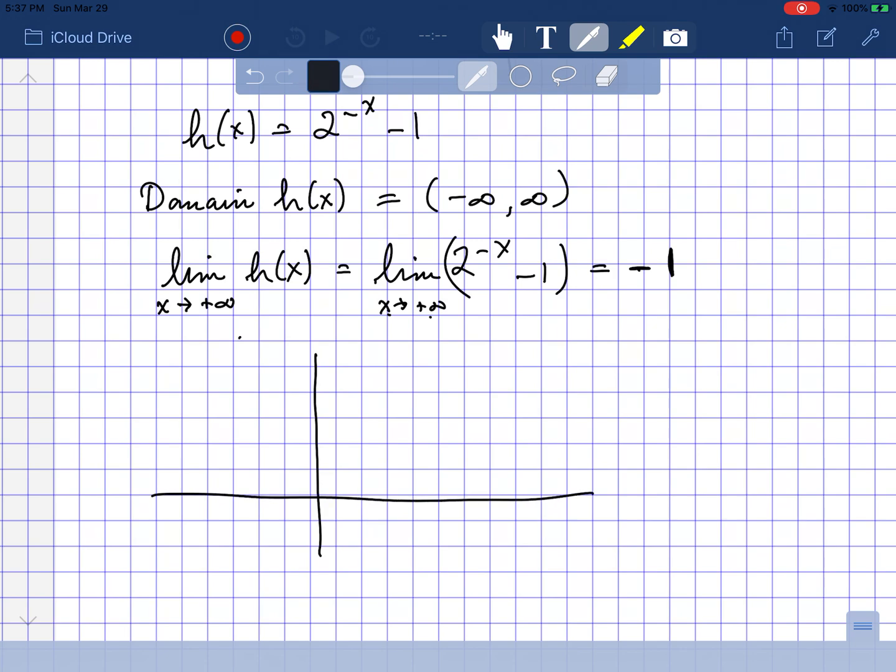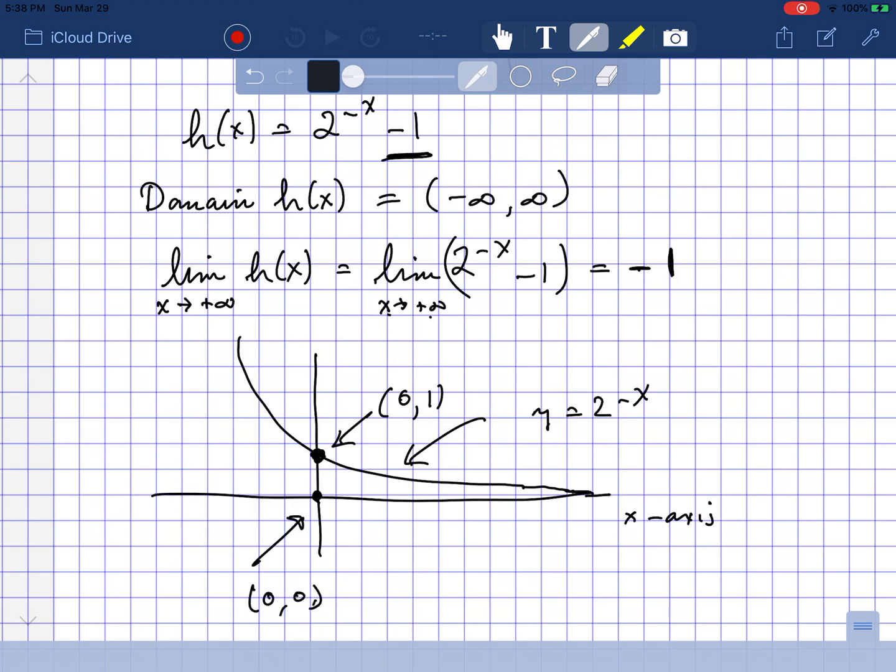Okay, so here I have the graph of y equal 2 to the minus x. And so it has an asymptote along the positive x-axis. And what am I doing? I'm shifting everything down 1 unit. So in particular, this point here, my point 0, 1, is going to be shifted to the origin. And I'm going to get a curve that looks a little like this.